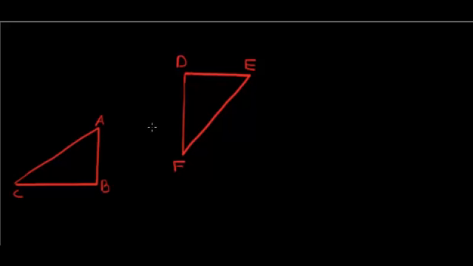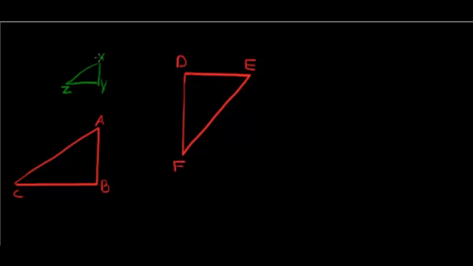The idea of similarity in triangles is that they have to have the same general shape. So if I wanted to, I could draw another triangle here. And while it looks like it's the same shape, it's definitely not the same size.